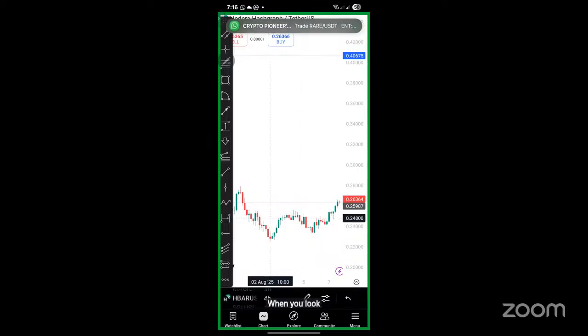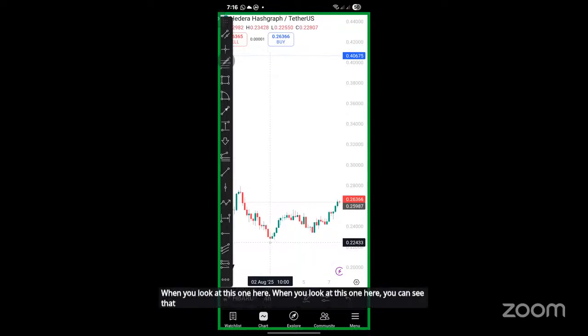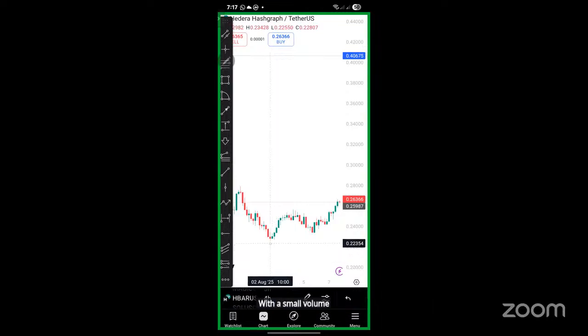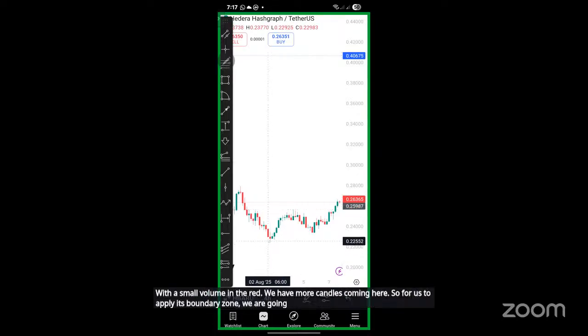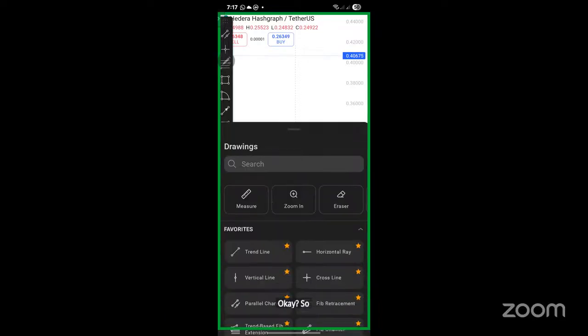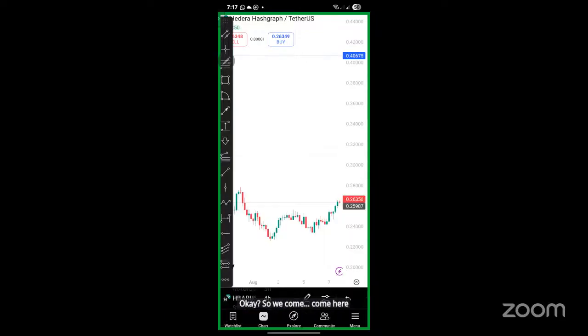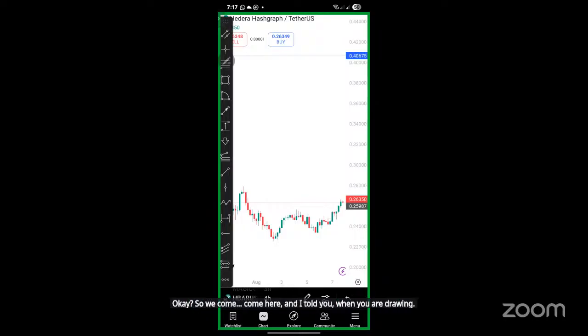When you look at this one here, you can see that we have a small candle with a small volume in the red. We have more candles coming up. So for us to apply a demand zone, we are going to look at the tip of this. I told you when we are drawing, we can decide to draw a line on this and this.